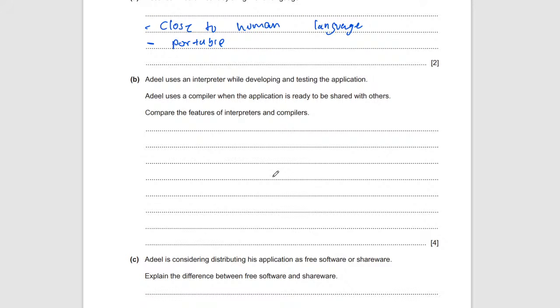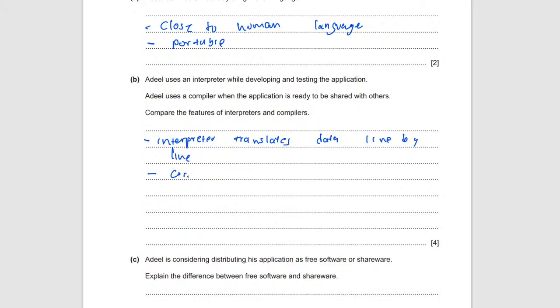So let's start off with an interpreter. Interpreter is basically line by line. So you can write that the interpreter translates data line by line, while the compiler on the other hand would do the entire program together.